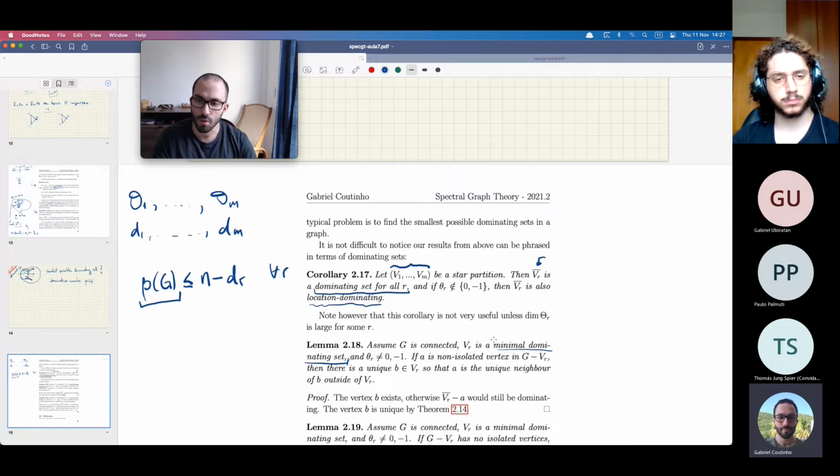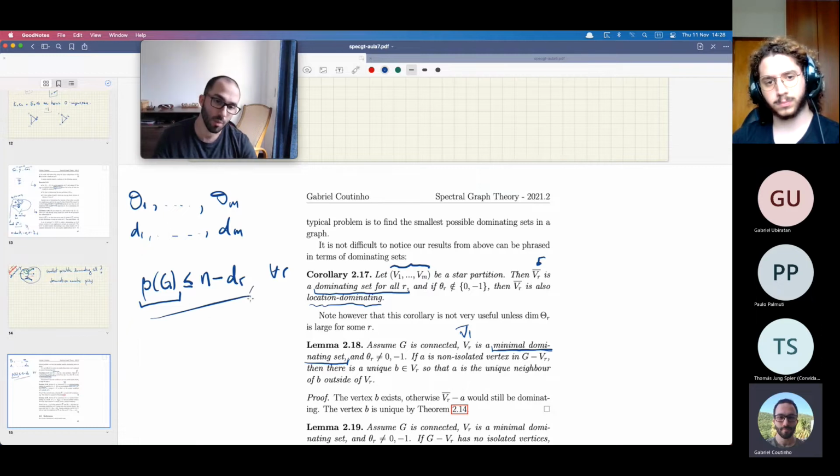The reference that I was using to prepare this lecture has a theorem about when the complements of the V_R are minimal dominating sets, but I don't think I will go all the way to that theorem. So next class, I will start with section 4. All right, so I intend to finish here with this nice application of domination.